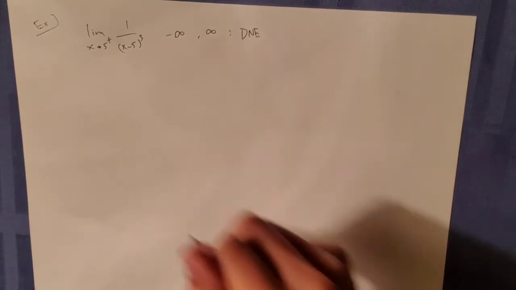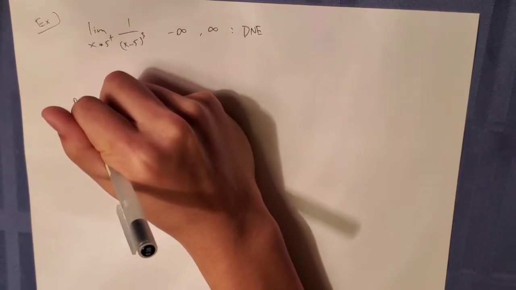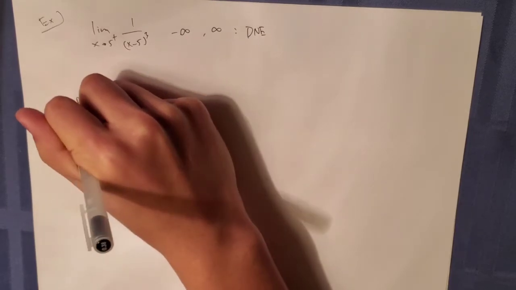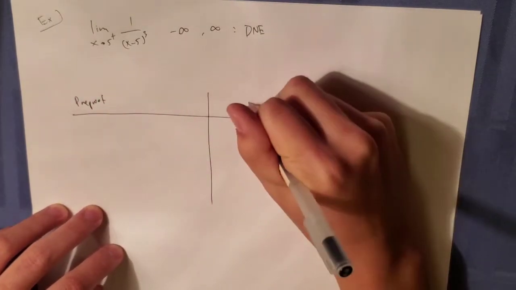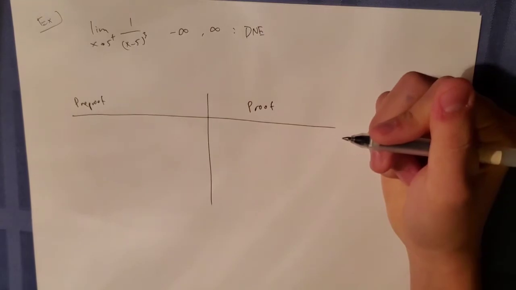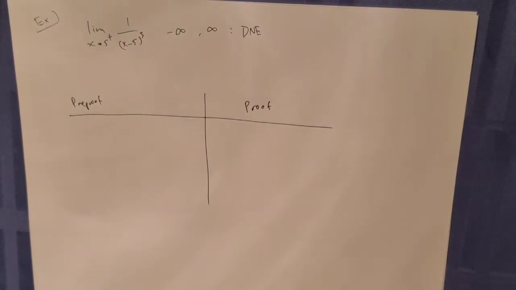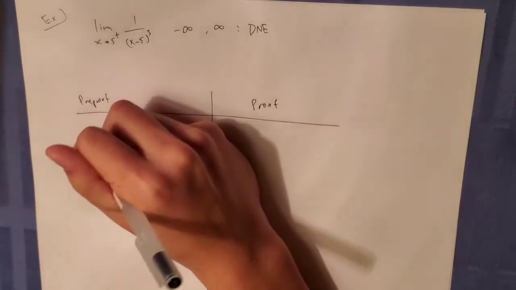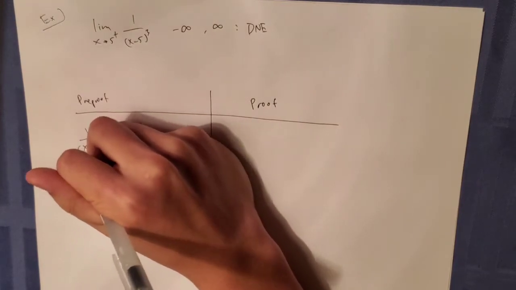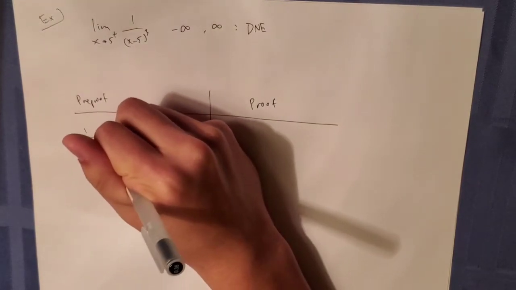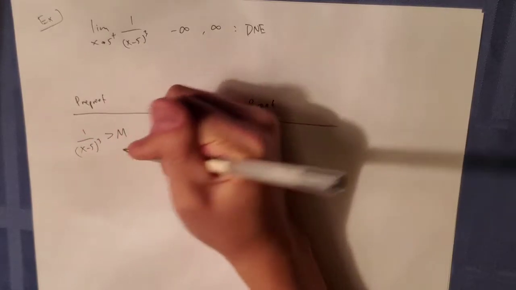So for the pre-proof, we want to show that 1 over x minus 5 cubed will be greater than some m.